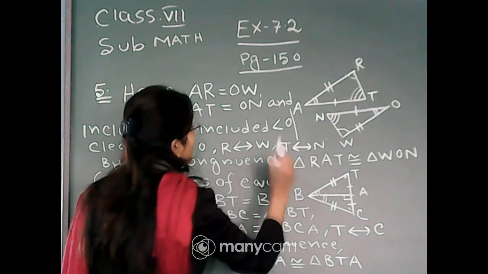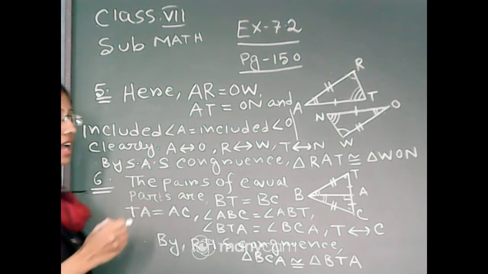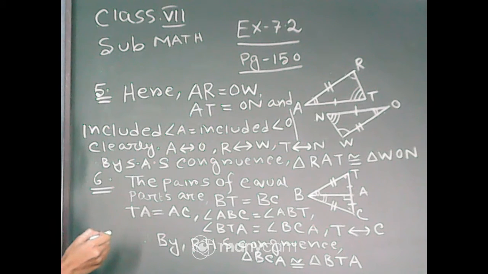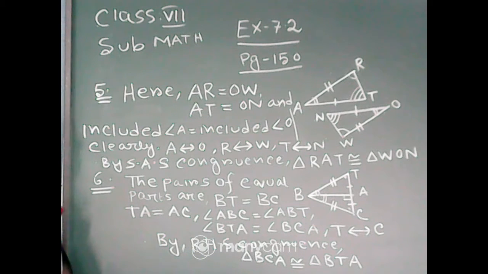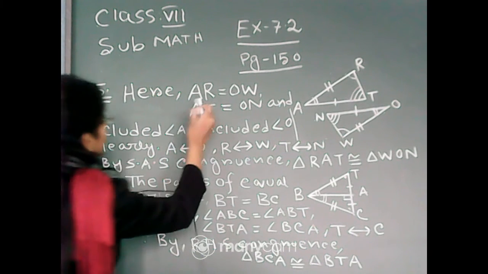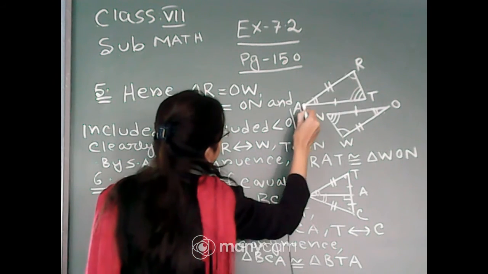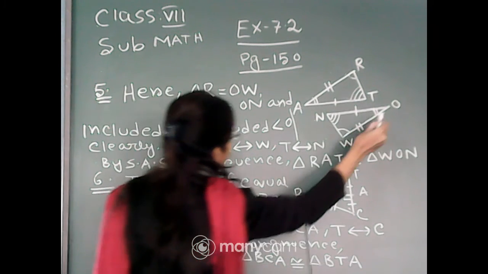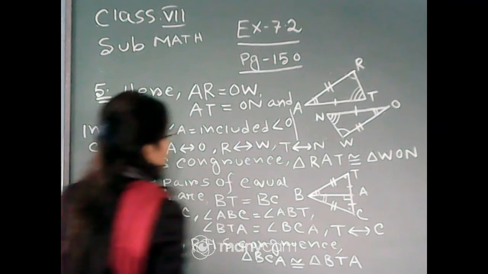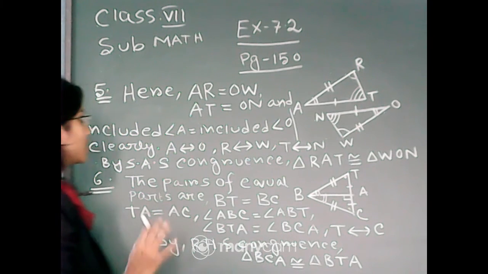ART and WON are two triangles and they are congruent to each other, and the corresponding parts are marked. We find that side AR of the triangle ART is equal to side OW of the triangle WON, and it is given.